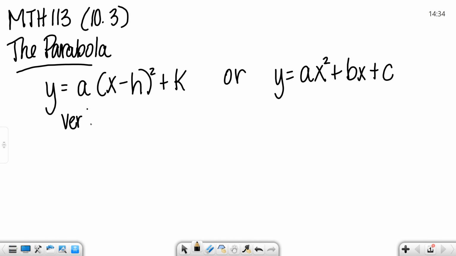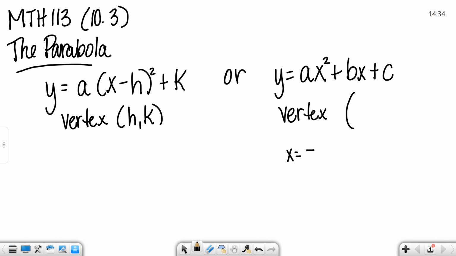In this first equation, our vertex is the ordered pair h and k. For this second equation, this quadratic equation, in order to find the vertex, you start with the x coordinate, negative b over 2a. Well, to find the y coordinate, you have to plug that x value into our equation. So let's say the function at that x value.